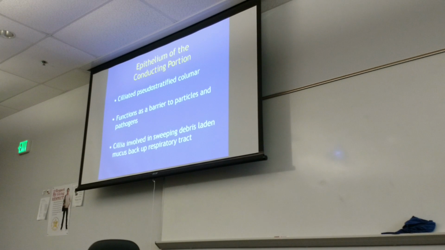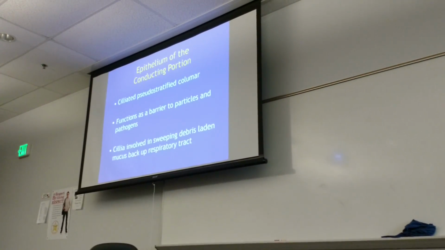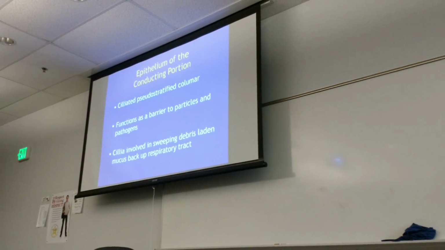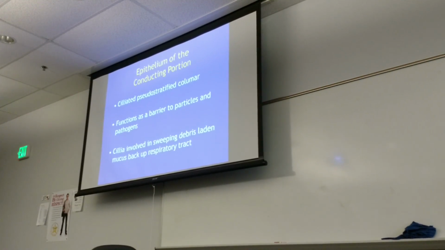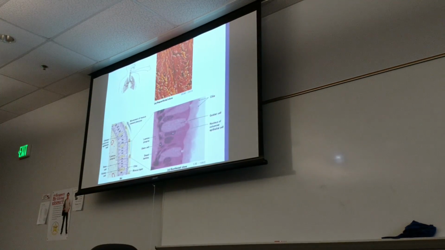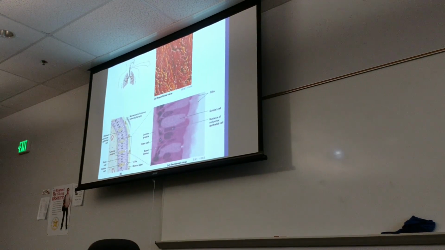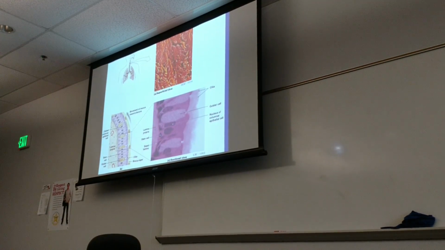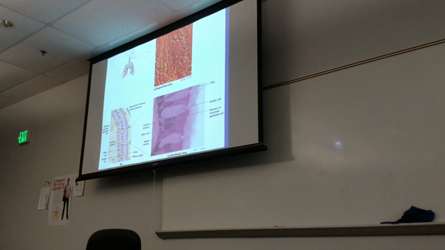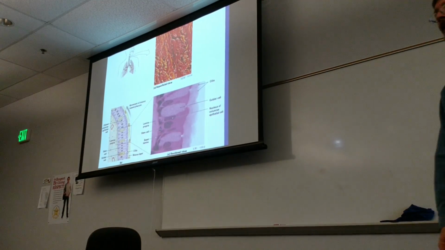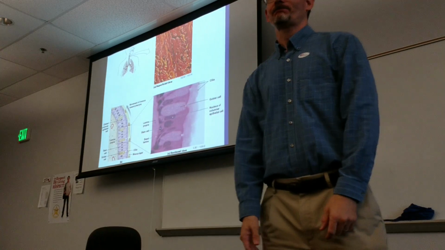Air is simply passing by the epithelial layer, and you do not have to get oxygen or CO2 across. Here is the example. This would line different portions of your upper respiratory system, at least, and would line your trachea.